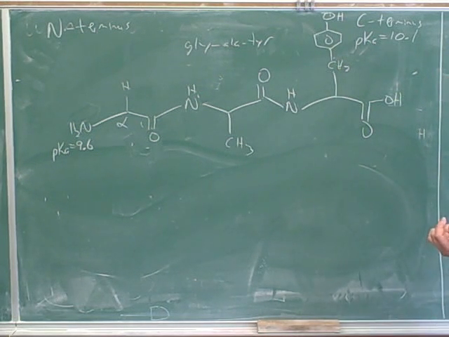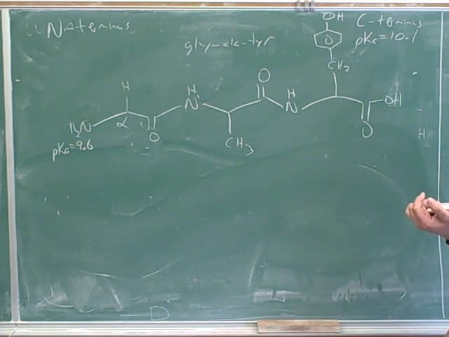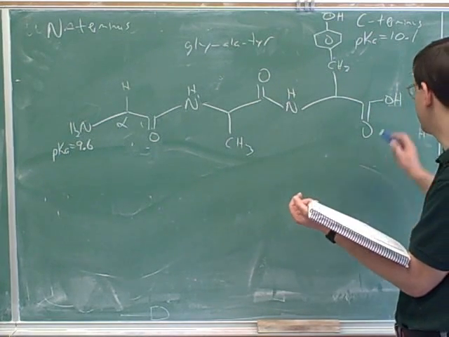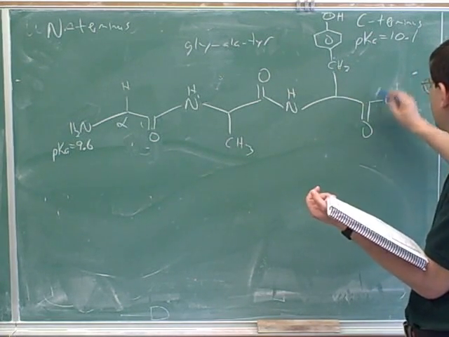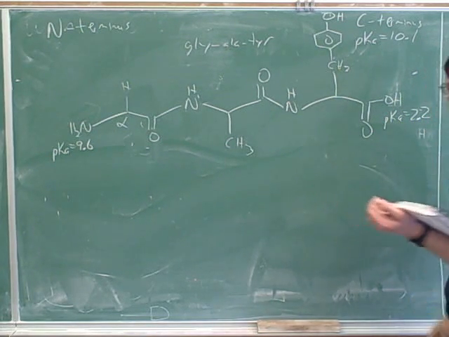And do we need to worry about the pKa of the tyrosine carboxy carbon? Yes, we do, because this really is a carboxy group here. It's not part of an amide. Right. Good. And what's its pKa? That is 2.2. Right. You can see it's important to be careful about getting the right numbers.